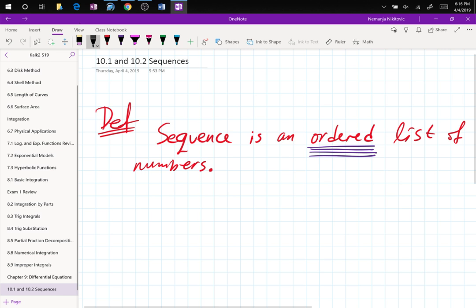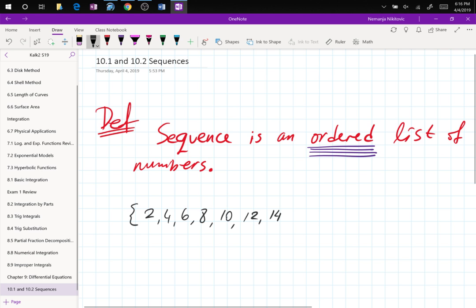So here is the example. We use the roster form to list all of the values inside, and I say 2, 4, 6, 8, 10, 12. What's the next one? 14.